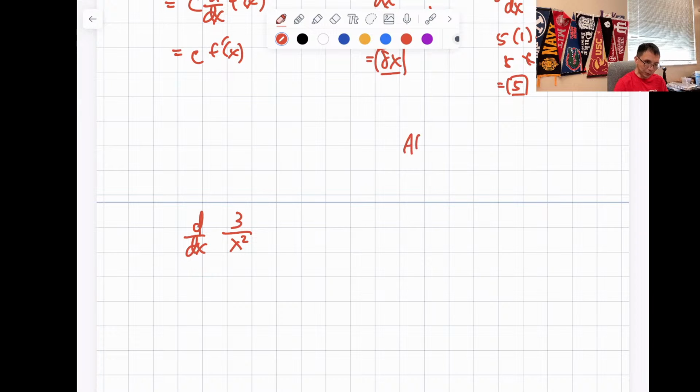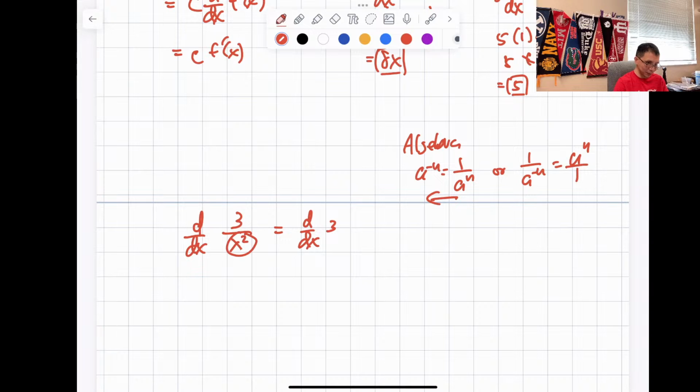In algebra, hopefully you know your algebra rule: a to the negative n equals 1 over a to the n, or 1 over a to the negative n equals a to the n. We are going this way because that's equal to d/dx of 3 over x squared, and I cannot take a derivative when x is on the bottom. x needs to move to the top.